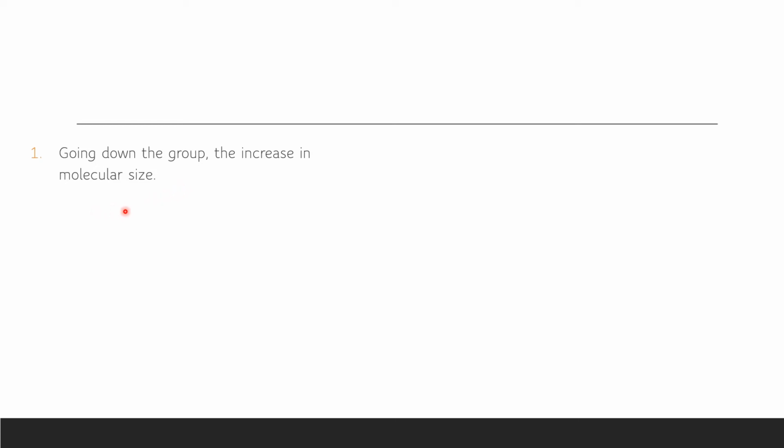Why do we refer to molecular size? As I mentioned just now, halogens always exist in the form of diatomic molecules, so it refers to F2, Cl2, and I2.